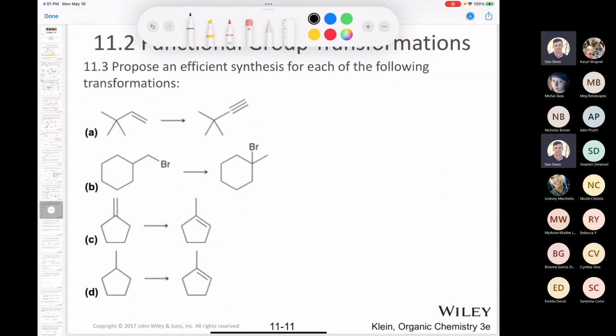Well, with all that information in mind, let's see if we can tackle some problems. Some synthesis problems. So it says here, propose a synthesis. Remember, the key word is efficient synthesis.